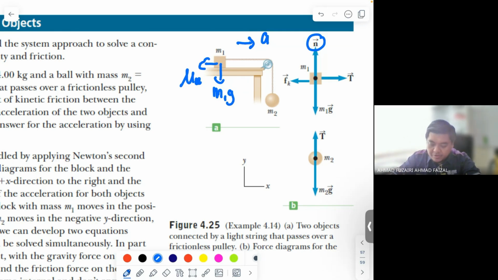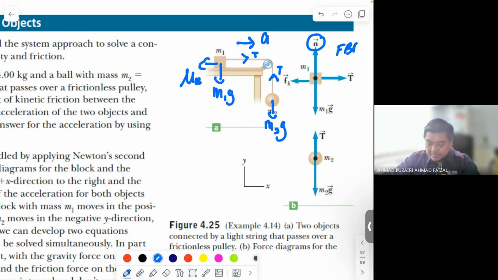And for M2, of course, there is M2G. Because M1 and M2 are connected using the same light string, the tension should be towards each other, pointing to the pulley. So this is the free body diagram for M1.